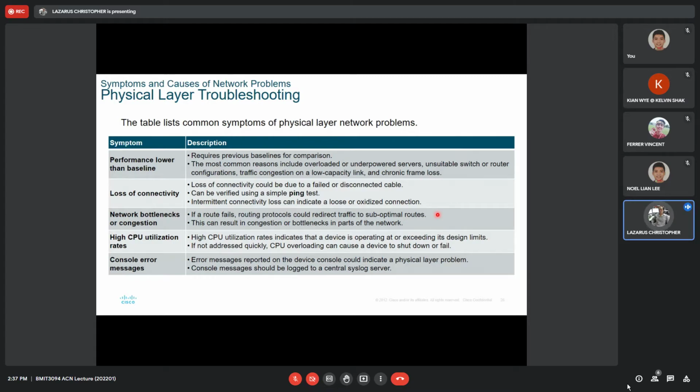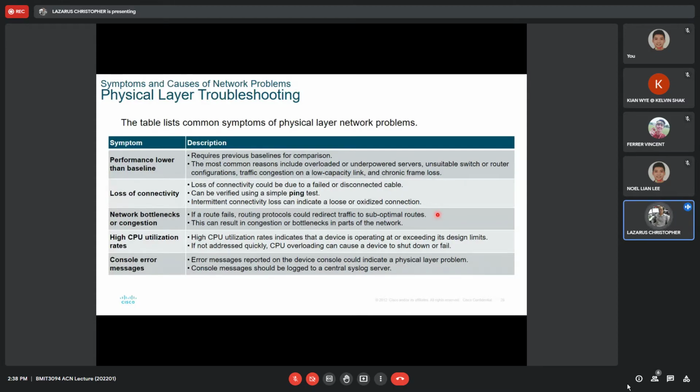High CPU utilization indicates that the hardware cannot cope already with the application. It could be that a new application was installed, or whatever it is that causes the processor to be unable to cope. So you notice that high CPU utilization is happening at the server or at the host.